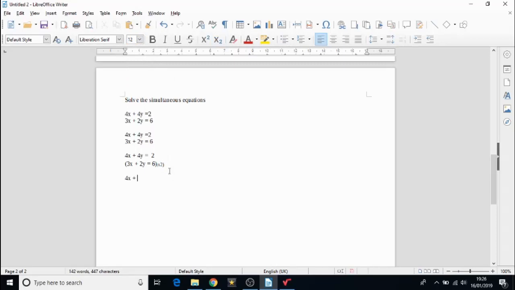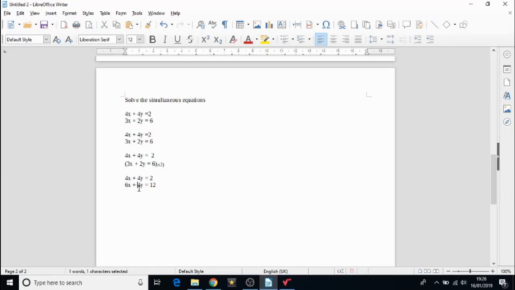So now we should get 4x plus 4y is equal to 2, and 6x, because 2 multiplied by 3x is equal to 6x, plus 4y, because 2y multiplied by 2 is equal to 4y, and 12 is equal to 12, because 6 multiplied by 2 is equal to 12. So now we can eliminate the 4y because they've both got the same coefficients.